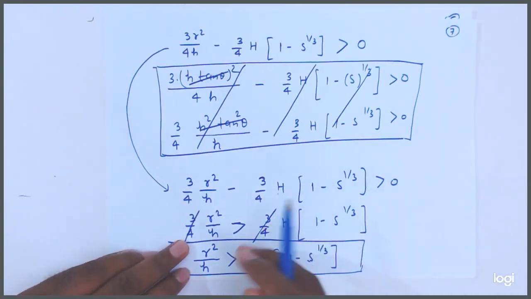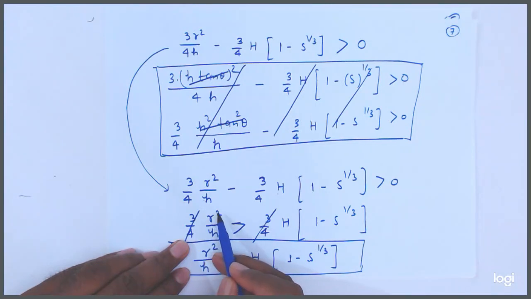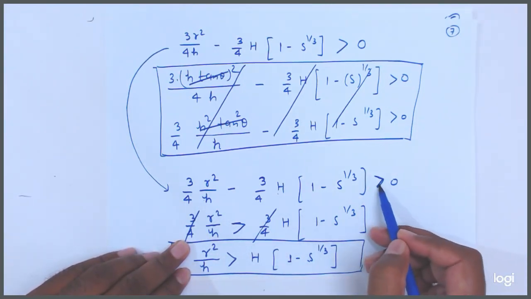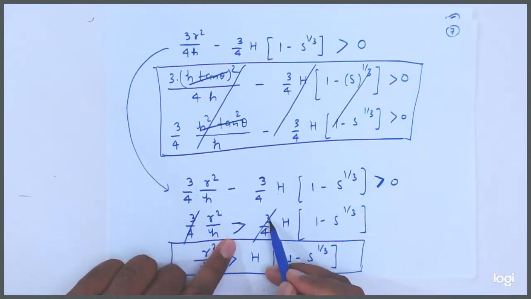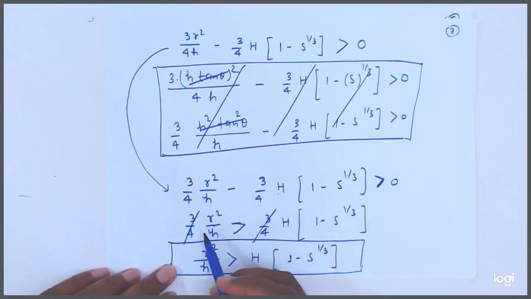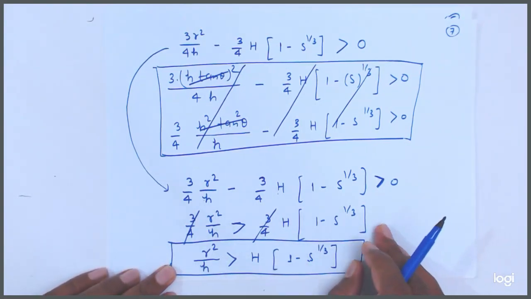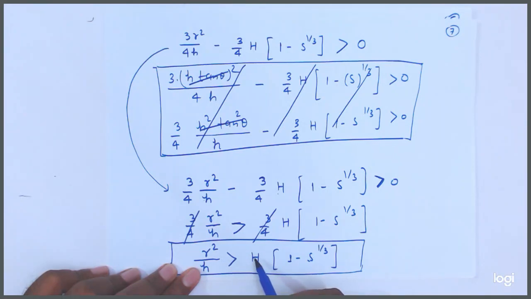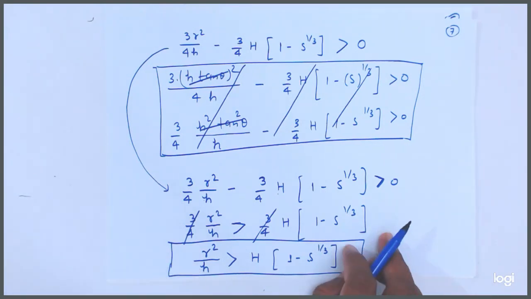What is left is 3 by 4 small r square upon small h should be greater than 3 by 4 capital H, 1 minus h to the power 1 by 3, because the greater than sign is there. Okay friends, so 3 by 4 and 3 by 4 cancel out. What is left is small r square upon small h should be greater than capital H, 1 minus h to the power 1 by 3.